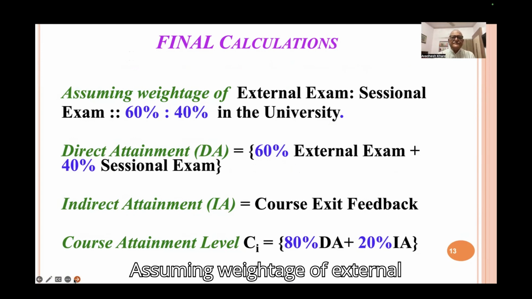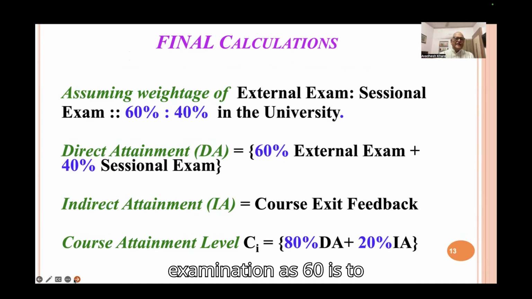Assuming weightage of external examination and sessional examination as 60:40 in the university, direct attainment will be 60% of external examination plus 40% of sessional examination.